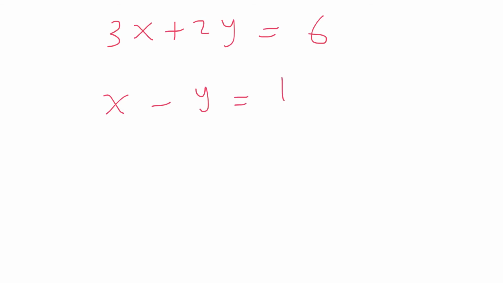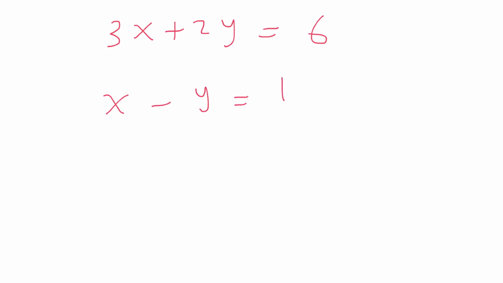Let us see an example. Suppose I have this equation right here, for example 3x plus 2y equal to 6. And I have another one, which is x minus y equal to 1.